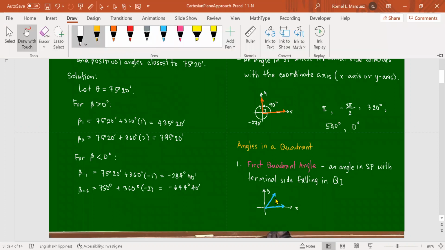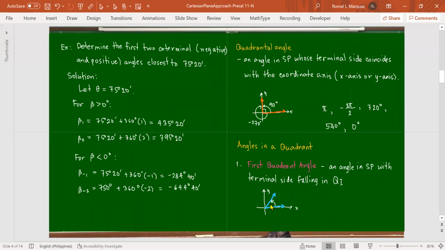Of course, the arrow should be like this. That is theta. Is it possible also to be this one? Is that a first quadrant angle also? Yes. So theta and beta are first quadrant angles. Aside from being first quadrant, they are coterminal also.